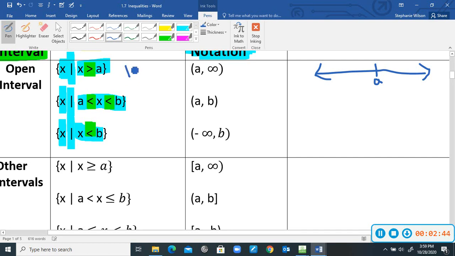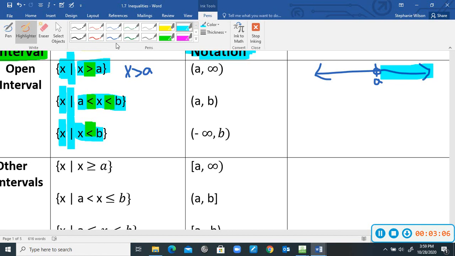It said that x is greater than a. Well, if that is true, then that means that the point on a is an open circle because it's an open interval. Okay, there's no equal to sign. And it said x is greater than a. So that means we're going to go off to the right.